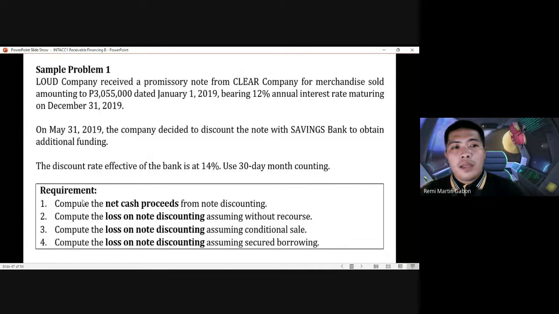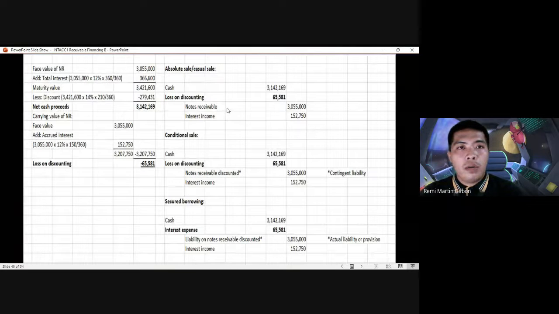Okay? So requirement, compute the net cash proceeds from note discounting. Then for number 2, 3, and 4, compute the loss on note discounting assuming without recourse, conditional sale, or secured borrowing. So how do we solve?